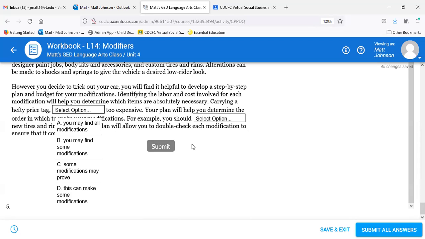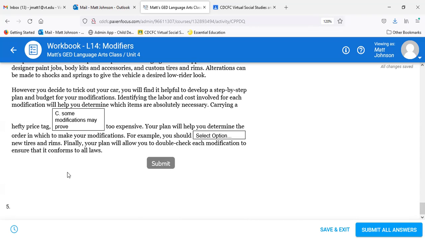Some modifications may prove too expensive. So C. Carrying a hefty price tag, some modifications may prove too expensive. Your plan will help you determine the order in which to make your modifications.